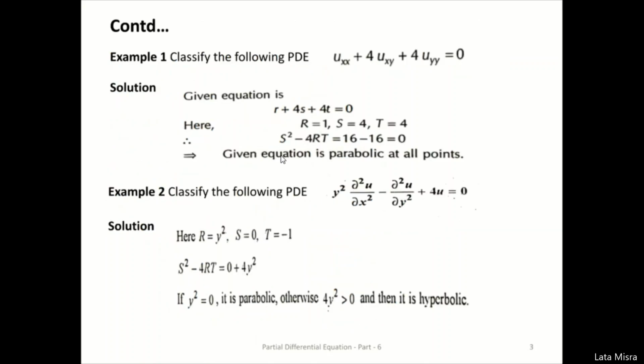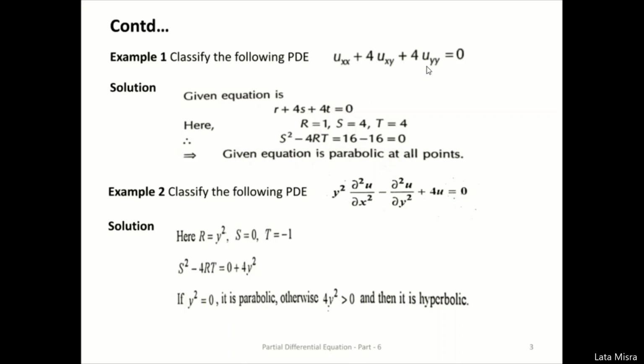Let's see the first example, that is uxx plus 4uxy plus 4uyy equals to 0. We know that uxx is del 2 u upon del x square, uxy is del 2 u upon del x del y, and uyy is del 2 u upon del y square.